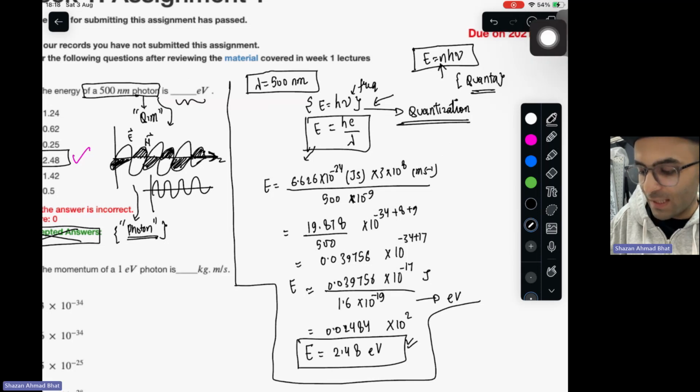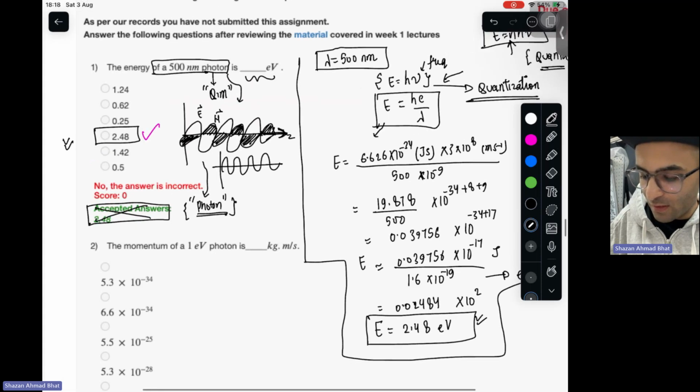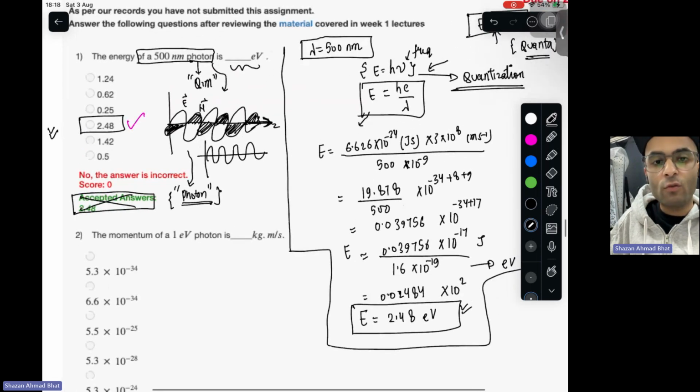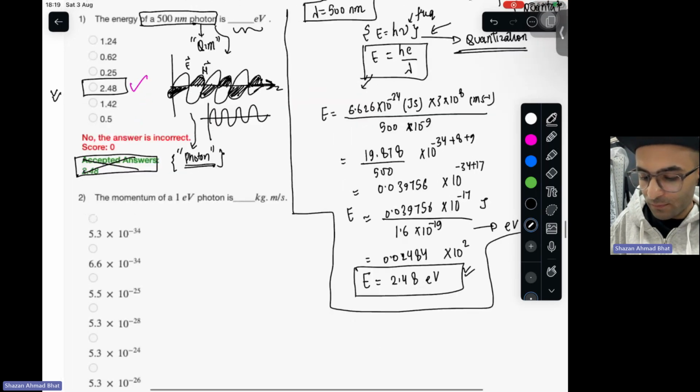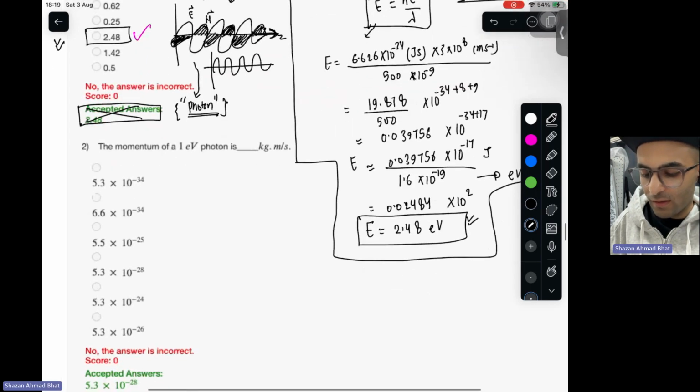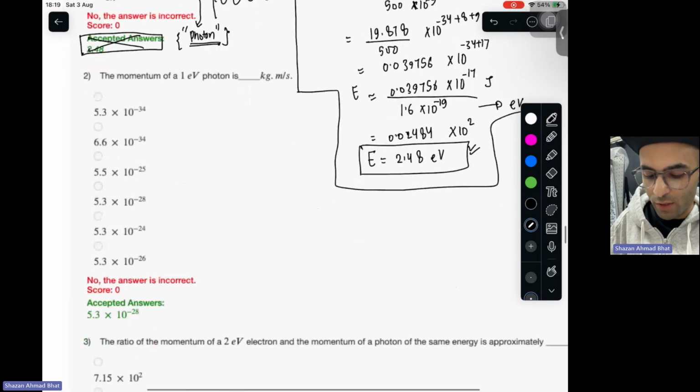It doesn't matter what emits it, but these are emitted in packets. That's what quanta refers to. So this was the first overview. This is the first question, and we have solved it pretty easily, without going deeper into the explanation. It's a very simple question.